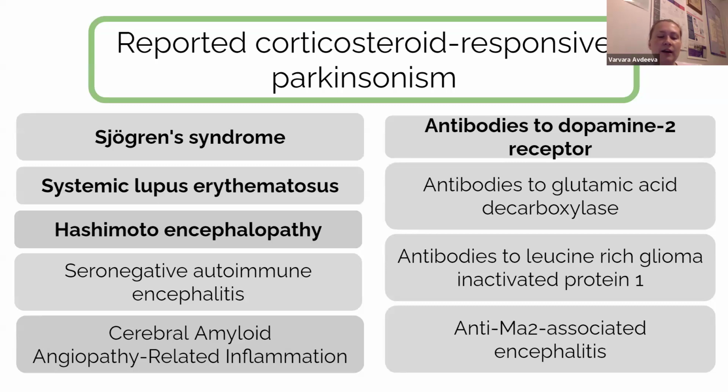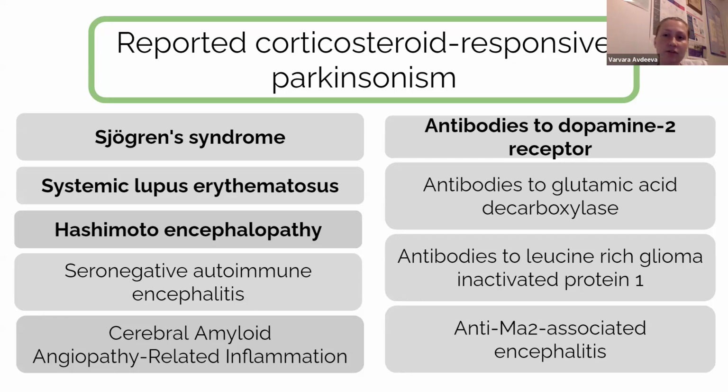It's a condition when autoimmune encephalitis is thought to be in a patient, but investigation of antibodies and infectious etiology is negative. Cerebral amyloid angiopathy-related inflammation is a condition in which there is an accumulation of beta amyloid, and also there are antibodies to this amyloid, and these cause inflammation.